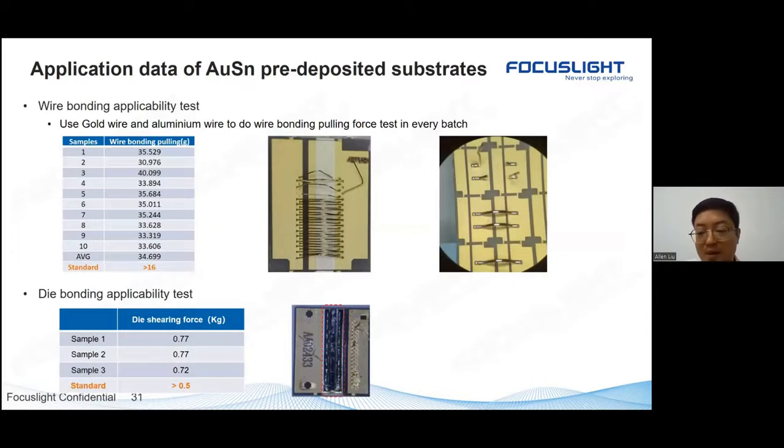We also do some application tests, because usually our customers will use the substrate for wire bonding, not only gold wire but also aluminum wire. So we do the application test for every batch in-house, in Focuslight's house. We also do the die bonding and die shear test to confirm the coating is reliable for laser chip bonding.